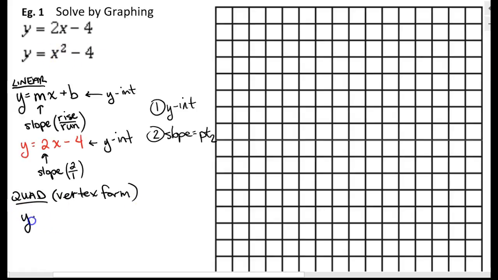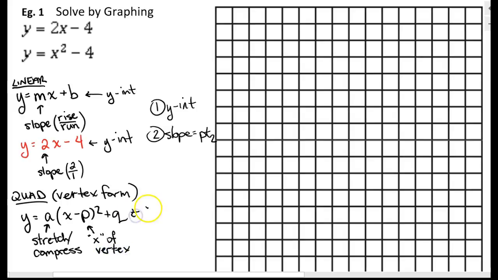So in general, we've got y equals a(x minus p) squared plus q, where a tells us our stretch or compression, p tells us our x value of our vertex, and q tells us our y value of our vertex.